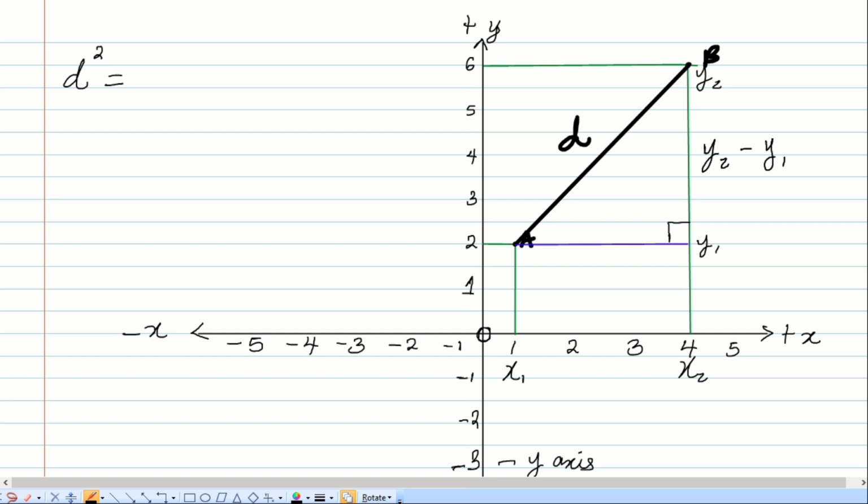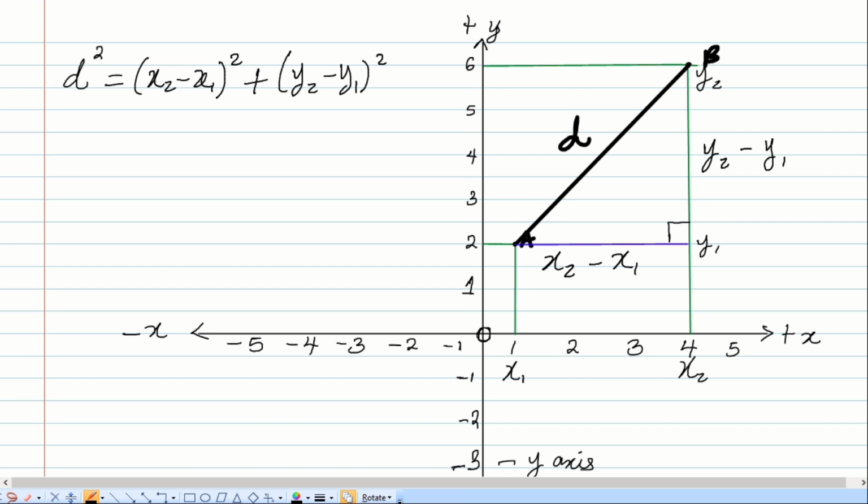And then this side also, since this is x1, this is x2, the whole of this would be x2 minus x1. So we can apply this in the Pythagoras theorem and get the value. So it's going to be x2 minus x1, remember, all squared, plus y2 minus y1 all squared. So this is from Pythagoras theorem, that the hypotenuse squared is equal to the opposite squared plus the adjacent squared.